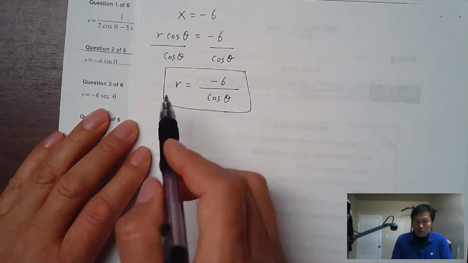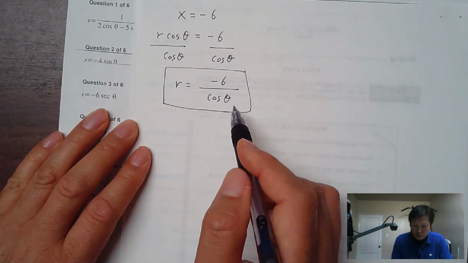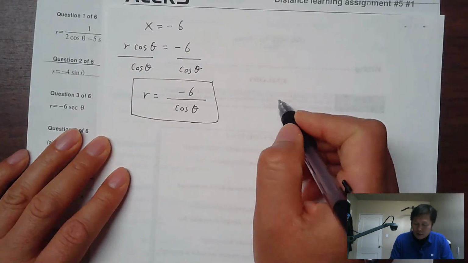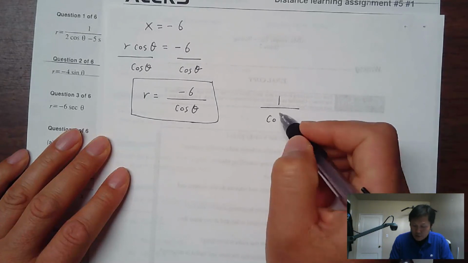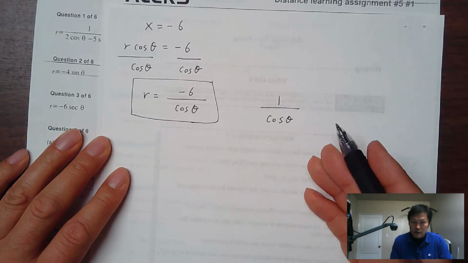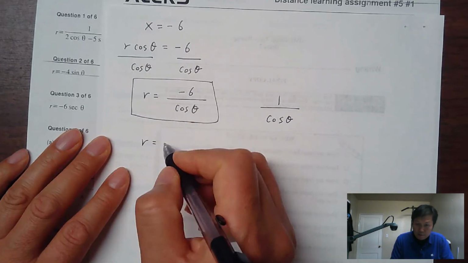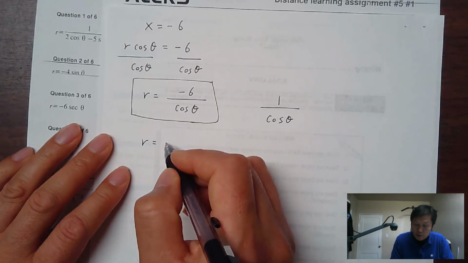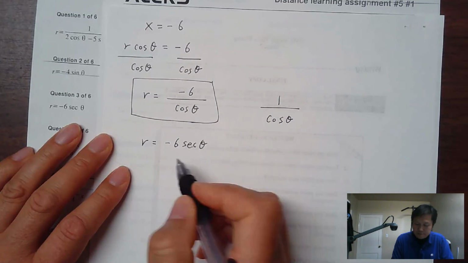They should take that as a correct answer. What they did here is use the reciprocal trigonometric ratio: 1 over cosine theta is secant theta. So they used the reciprocal of cosine theta, giving minus 6 secant theta.